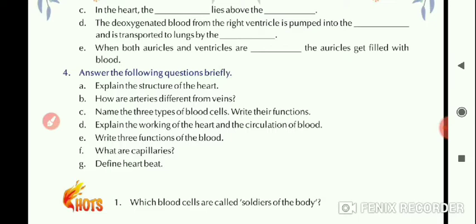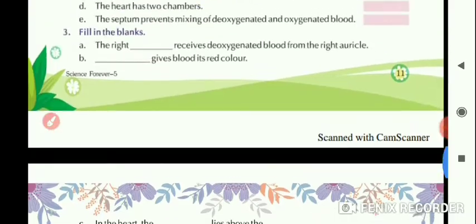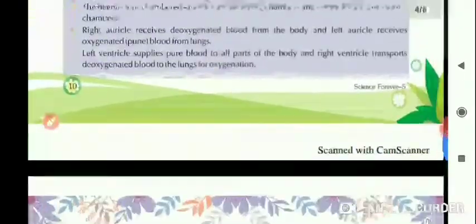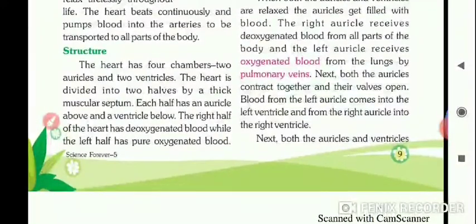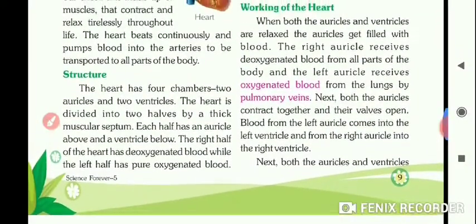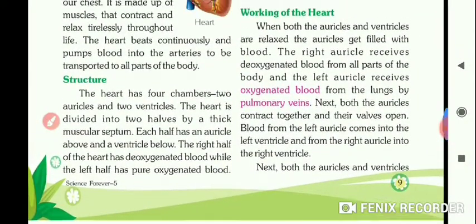First of all, in your notebook, you have to write down question number A, explain the structure of the heart, and then for its answer, you have to move to page number 9.